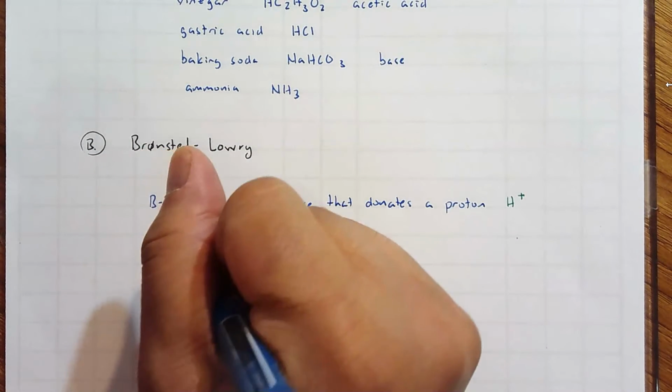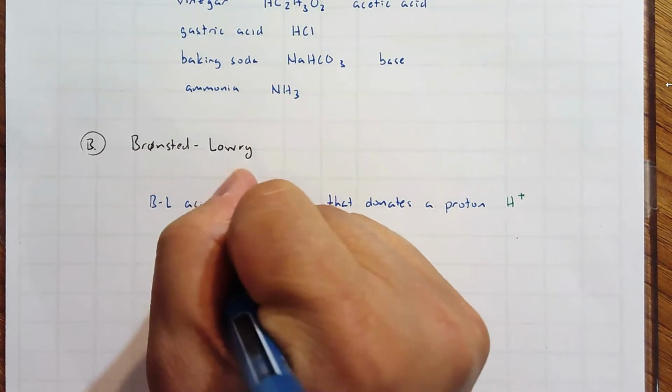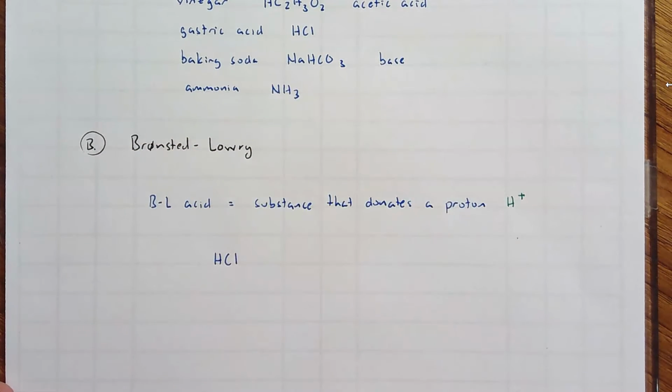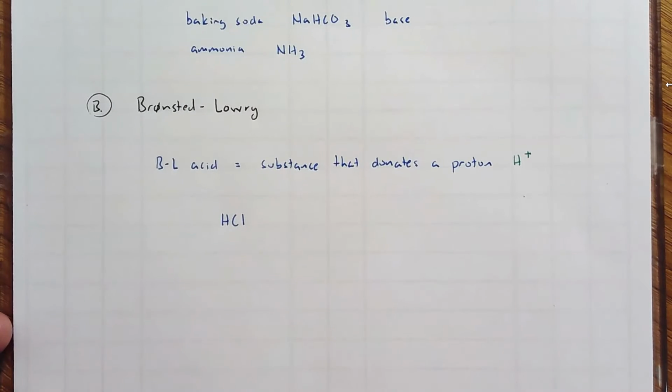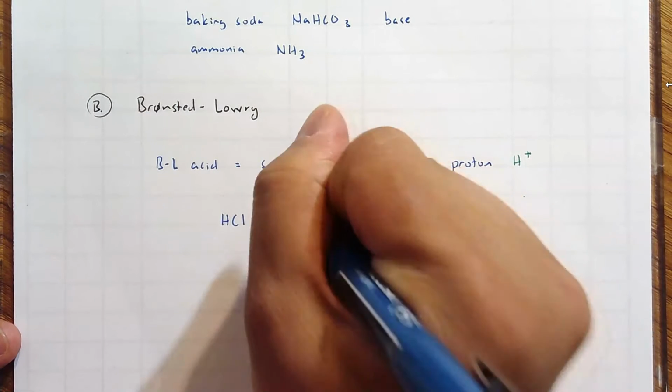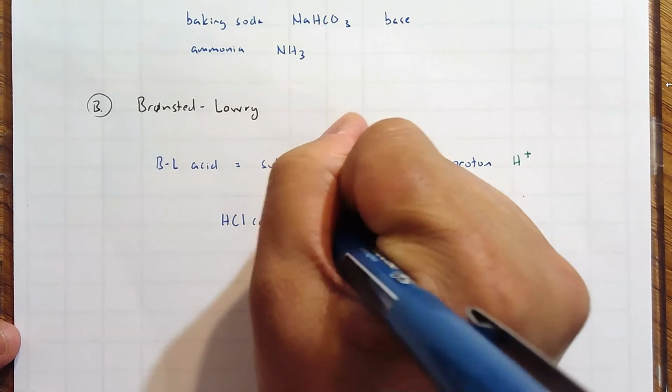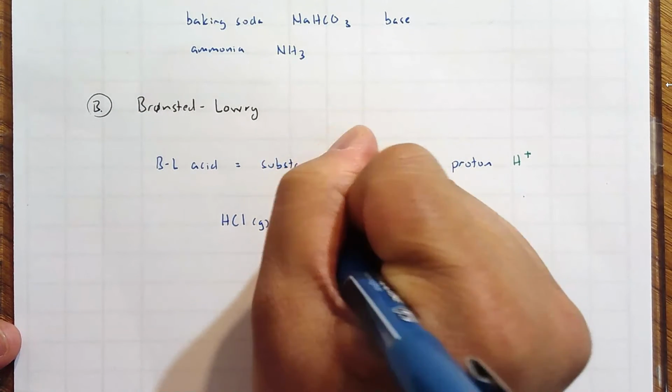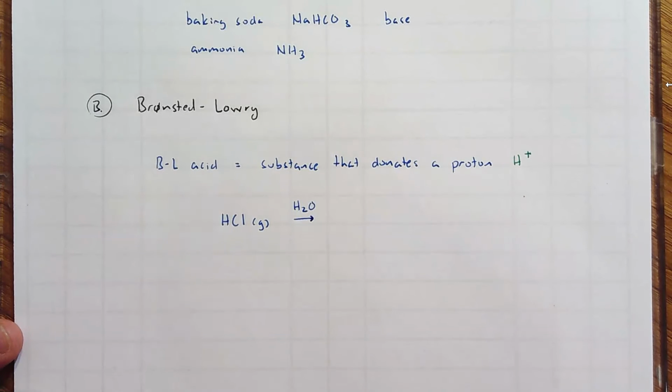Let's do hydrochloric acid, gastric acid. HCl at standard conditions is actually a gas when it's not dissolved in water. But when you dissolve it in water, and you could sometimes indicate that by drawing water over the arrow, it dissociates.